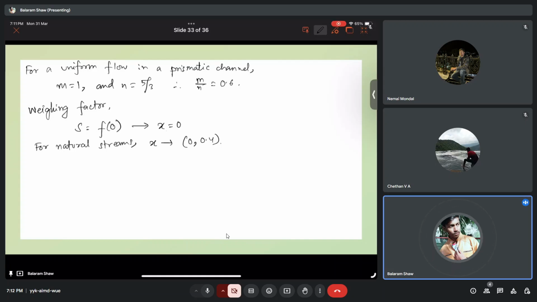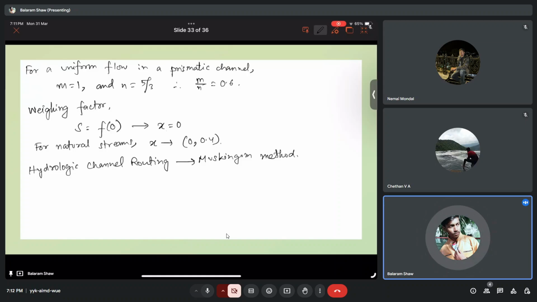For hydrologic channel routing, the method that we mostly use is the Muskingum method.